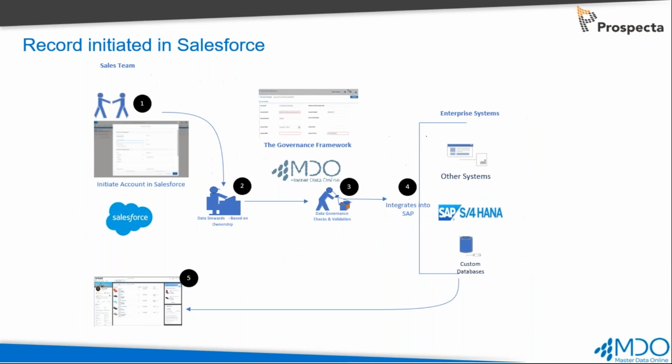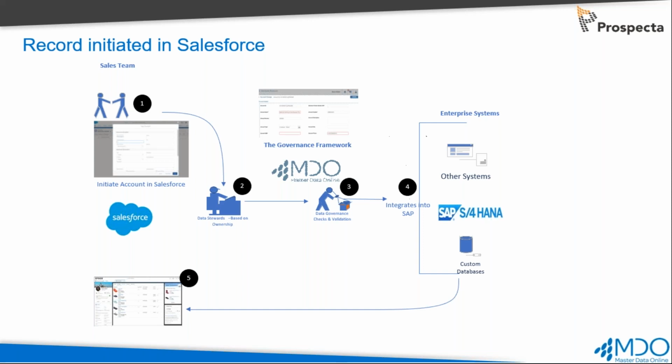And the second scenario is when this data is initiated in some other system. In this case, let's say the Salesforce system, where an account is first initiated. Of course, the person in the field would not sometimes have the right, complete information, or at times does not have the time to validate all that field data while entering it.